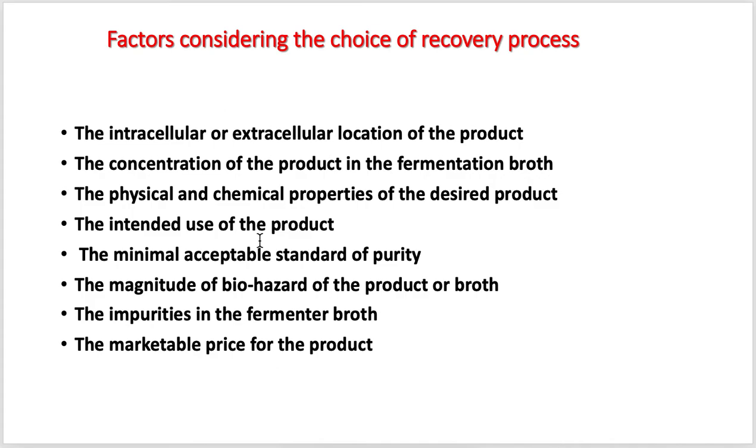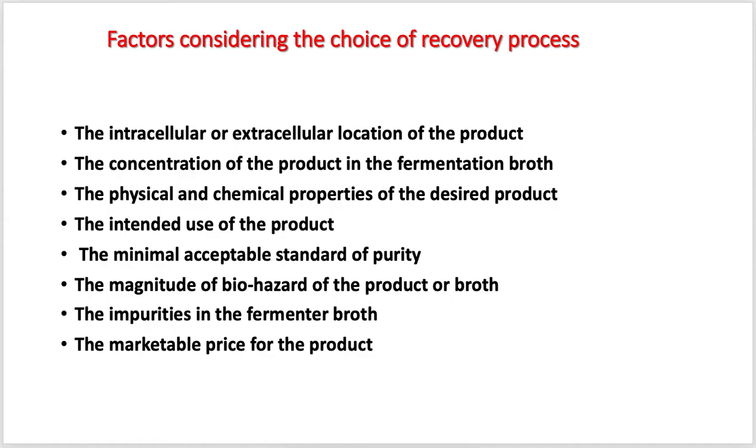Then the minimum acceptable standard of purity, the magnitude of biohazard of the product or the broth, the impurities in the fermented broth, and the marketable price for the product. We have to consider all these factors in choosing the recovery process.